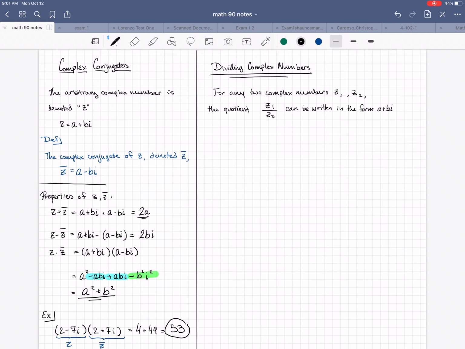So what I'm saying to you here is, it is possible to take any two complex numbers and divide them and not end up with any i's in the denominator.